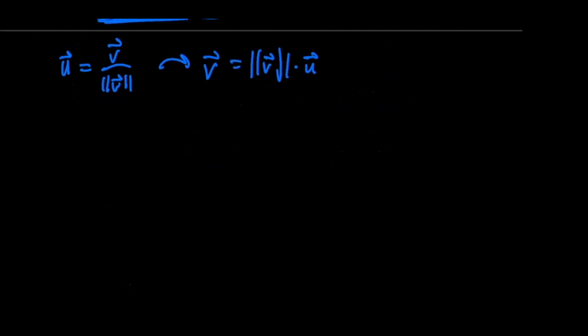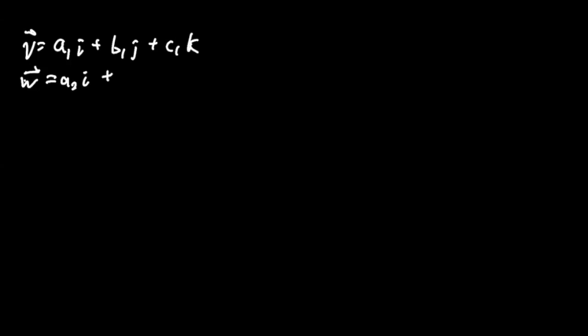Next, looking at the dot product, so slightly more recent material. The dot product between two vectors, if v is a1i plus b1j plus c1k, and another vector, we could call it w, is a2i plus b2j plus c2k.